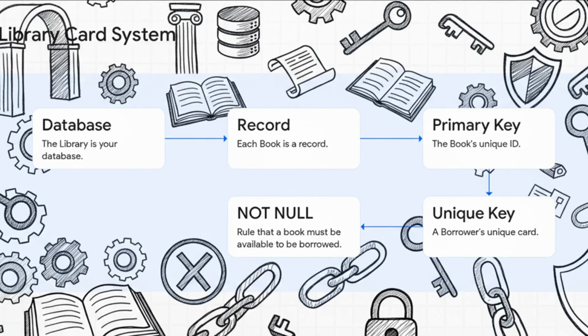The book's unique ID number, that little barcode they scan, that's its primary key. Now, your library card number, which also has to be unique to you, that's a perfect example of a unique key. And that basic rule that a book has to actually exist before you can check it out, well, that's a not null constraint right there in the real world. See? It all just clicks.